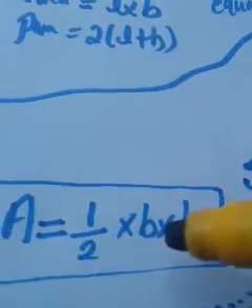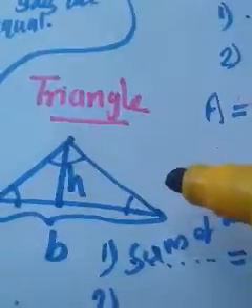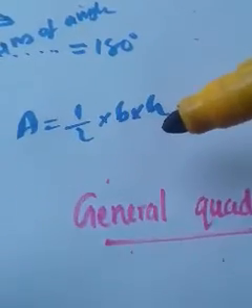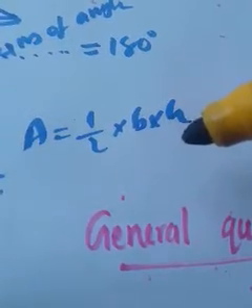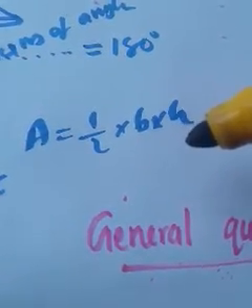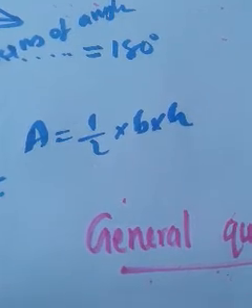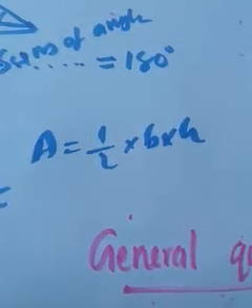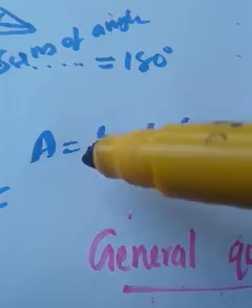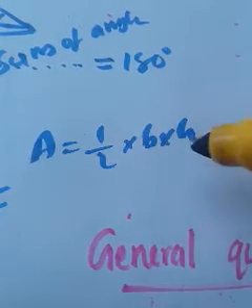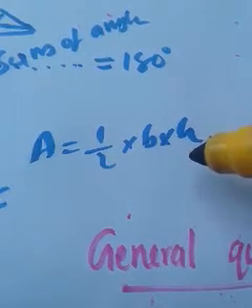We have learned a formula half into base into height for triangle, and in the case of right triangle also same formula, because right triangle is also a triangle, no? Area of right triangle is half into base into height. Clear?